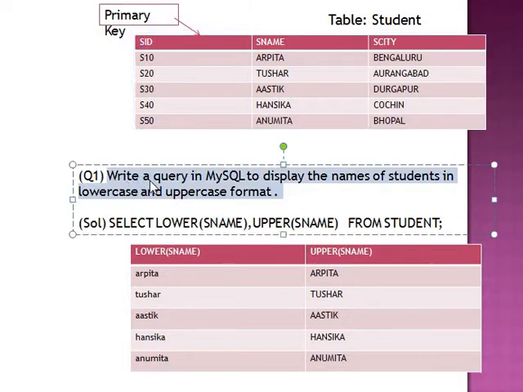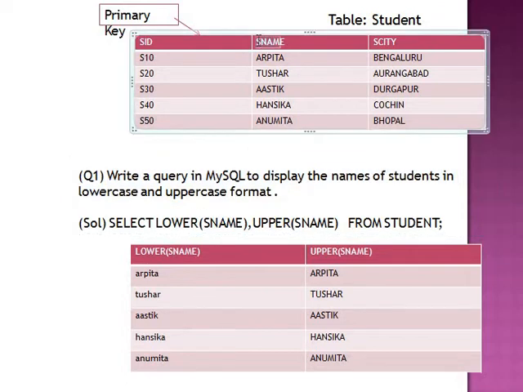Now read this question. It says, write a query in MySQL to display the names of students in lowercase and uppercase format. Now see this text, names of students. Here the names of students is represented by the column SNAME of the table student.